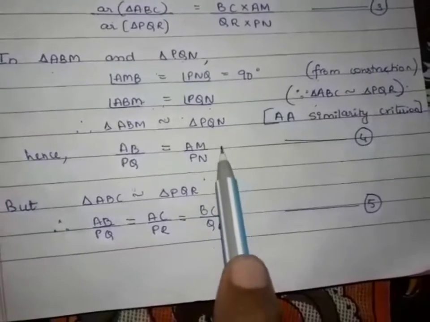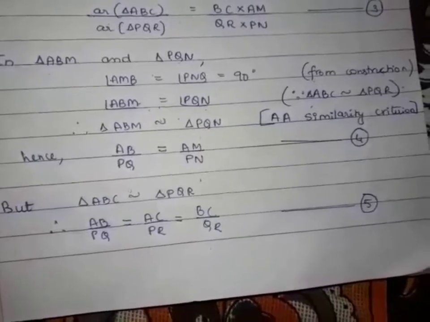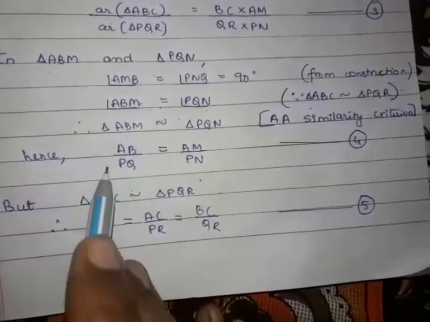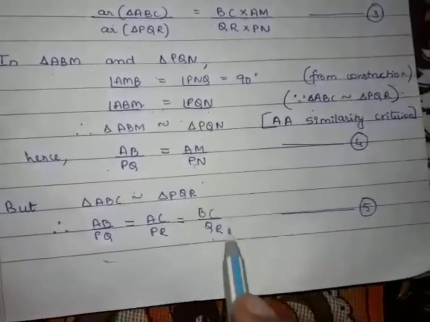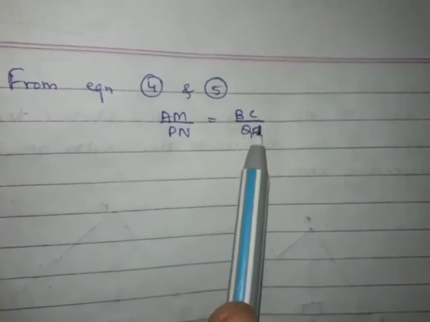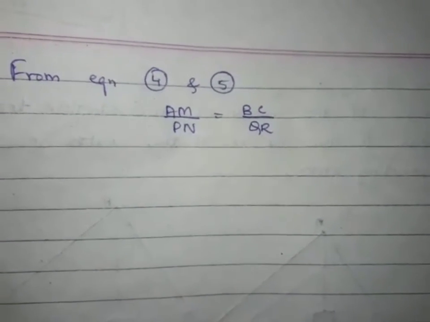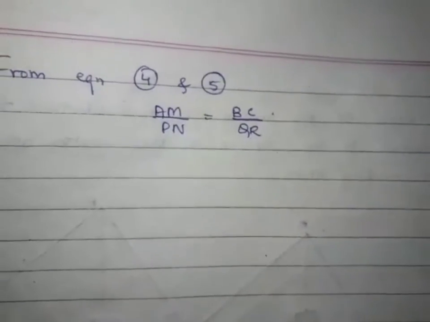So we can tell that AM by PN is equal to BC by QR, right? Both are equal to AB by PQ. Hence, both are equal to each other. So, from equation 4 and 5, we can tell that AM by PN is equal to BC by QR. Now, what we'll do is, we'll substitute this in equation 3.